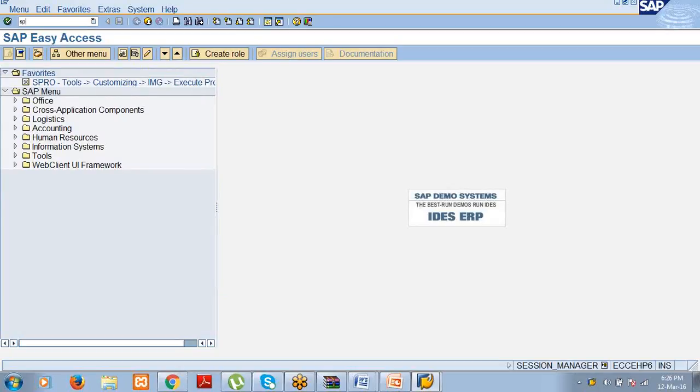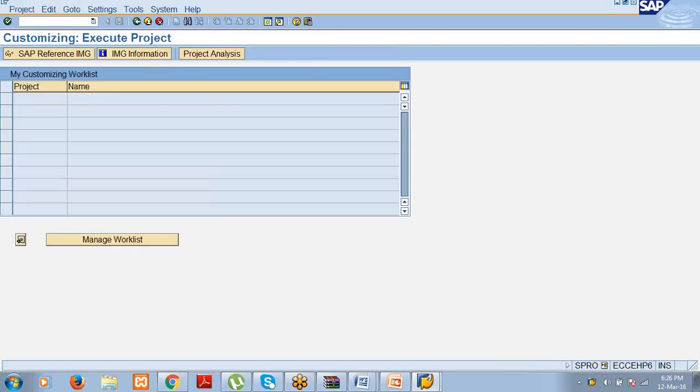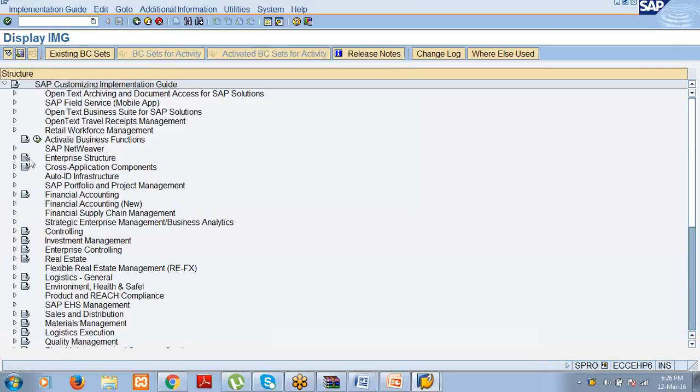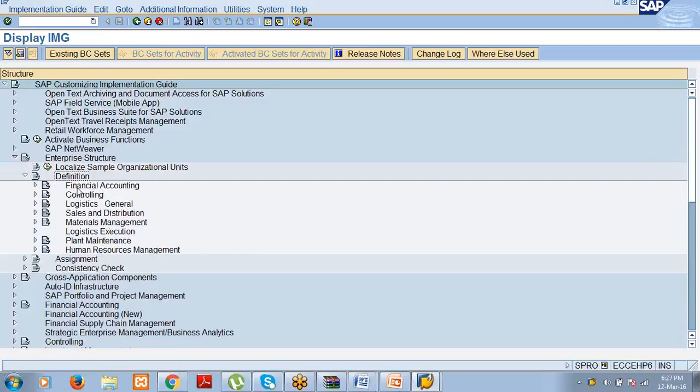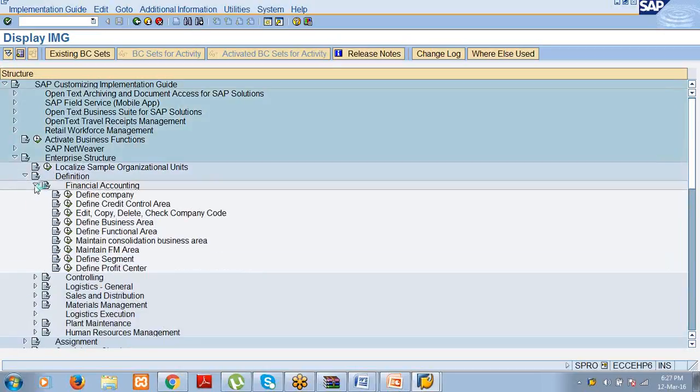SPRO is the transaction code for the IMG. Enterprise Structure, Definition, Financial Accounting, Define Business Area.